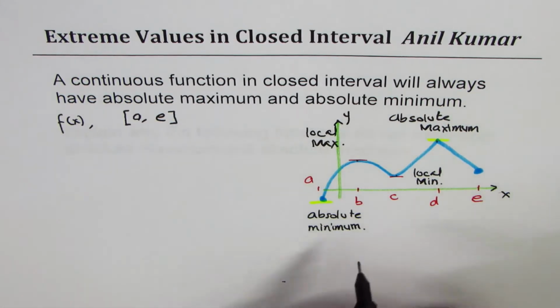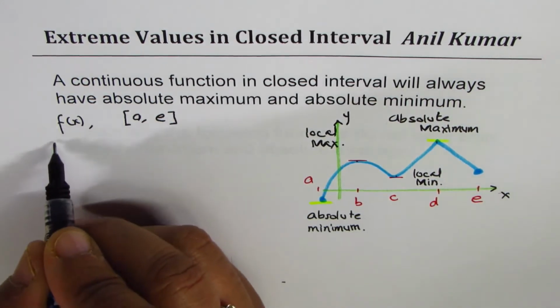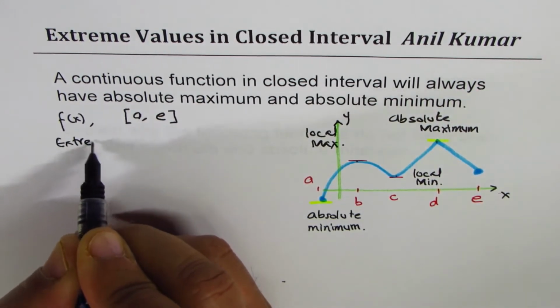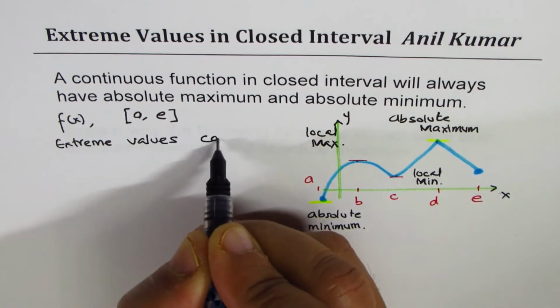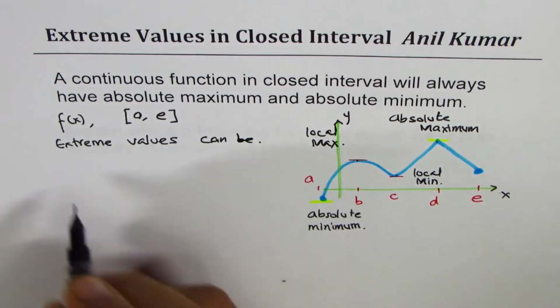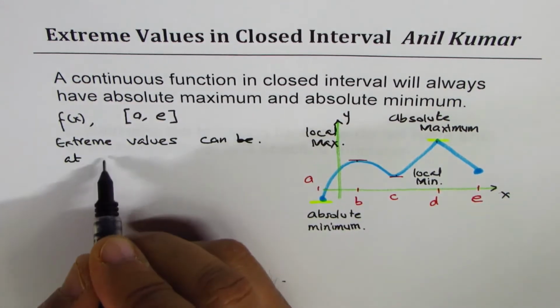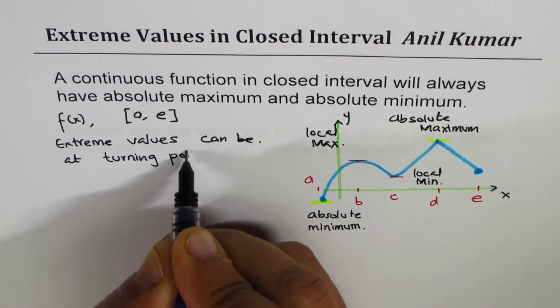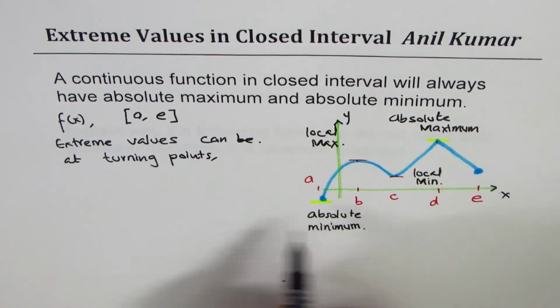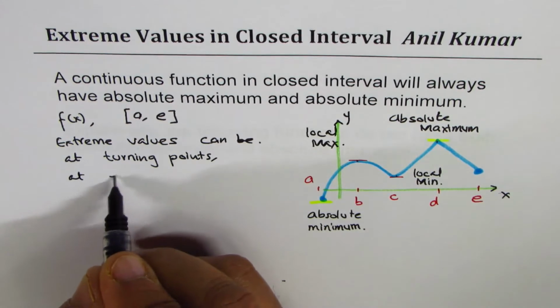That is, we find that extreme values can be at turning points, they could be at ends.